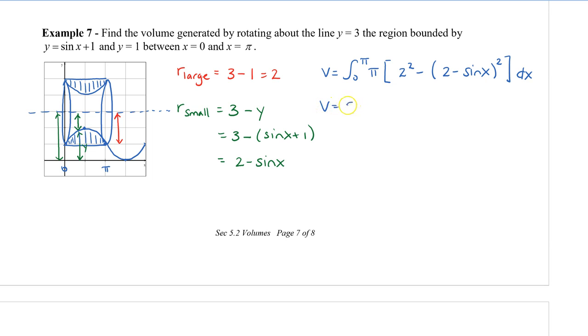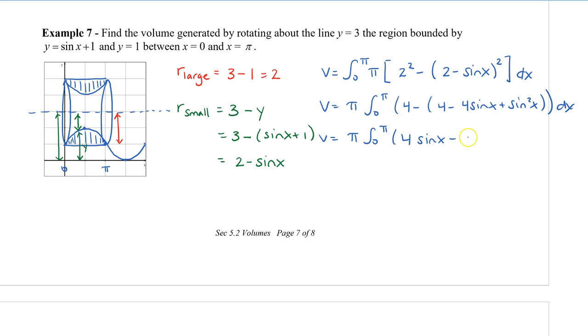So simplifying this, I get pi, integral from 0 to pi, 4 minus, and this is actually 4 minus 4 sine x plus sine squared x dx. 4 minus 4 is 0, so I get positive 4 sine x minus sine squared x.